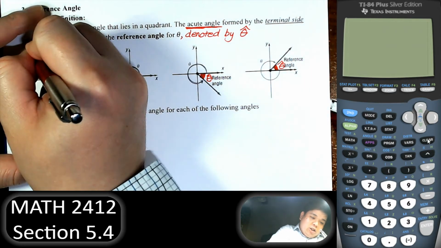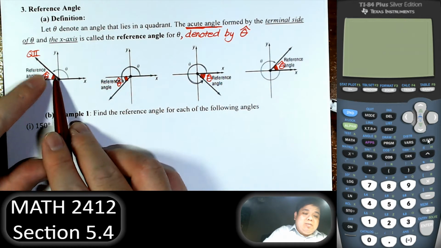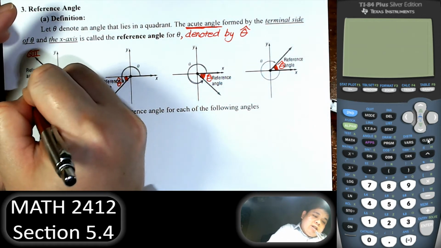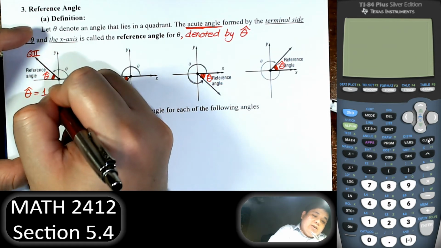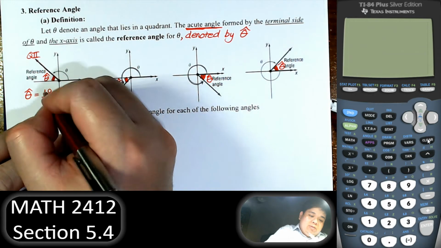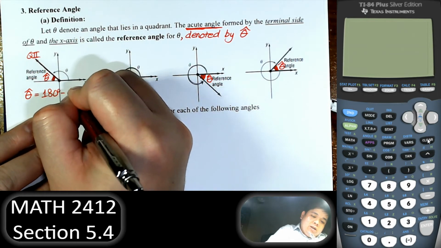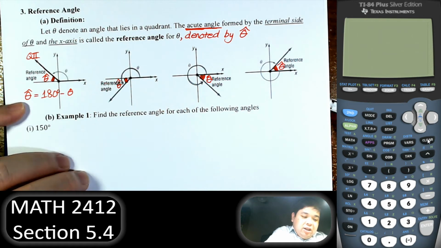This is in quadrant 2, right? So in quadrant 2, in this particular case, the reference angle is equal to 180 degrees, which is the whole straight angle, minus theta.